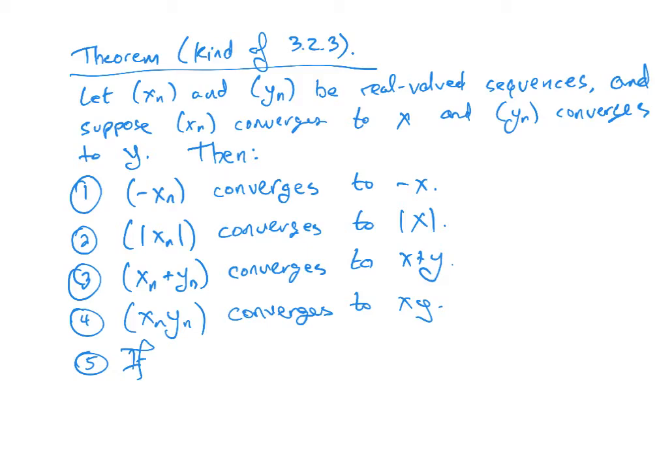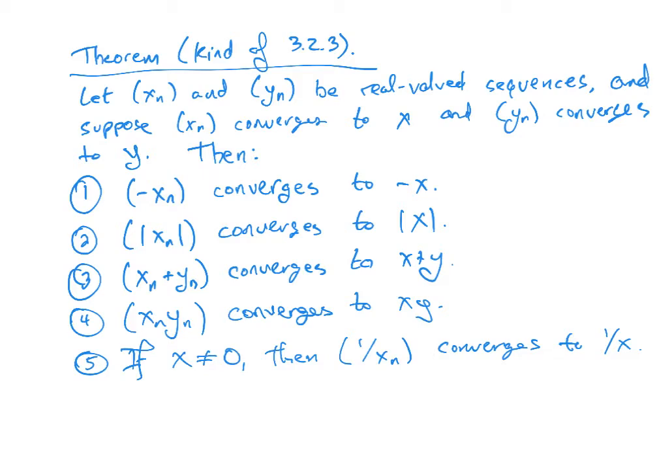What we're going to say in 5, we could say that xn is never 0, but actually it suffices to say that the limit is not 0. Okay, then the reciprocal sequence 1 over xn converges to 1 over x.